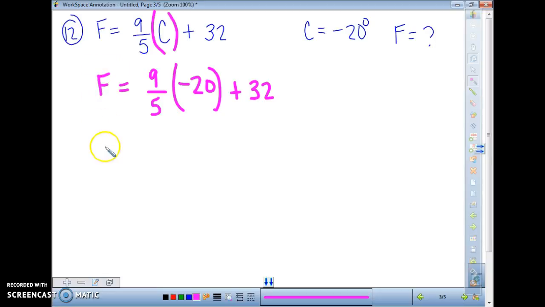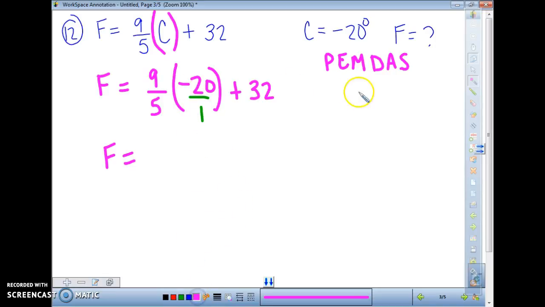So since this variable is by itself, we're just going to keep bringing it down, and we're going to use our order of operations, a little PEMDAS. Please excuse my dear Aunt Sally. Okay, to simplify this. Okay, you can put that negative 20 over 1.